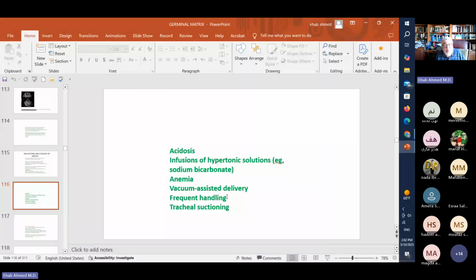And also head position, as we are going to see. The head position of the preterm baby should be in the midline, not to one side, and the head of the incubator should be elevated a little bit. Tracheal suctioning and intubations, as we mentioned.